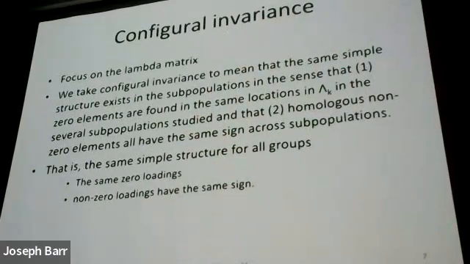We take configural invariance to mean that the same simple structure exists in the subpopulations, in the sense that, first, zero elements are found in the same locations in lambda in the several subgroups studied, and second, homologous non-zero elements all have the same sign across subgroups.